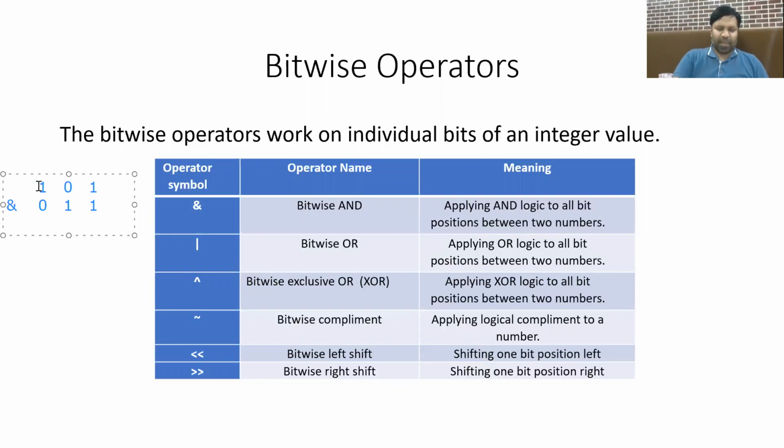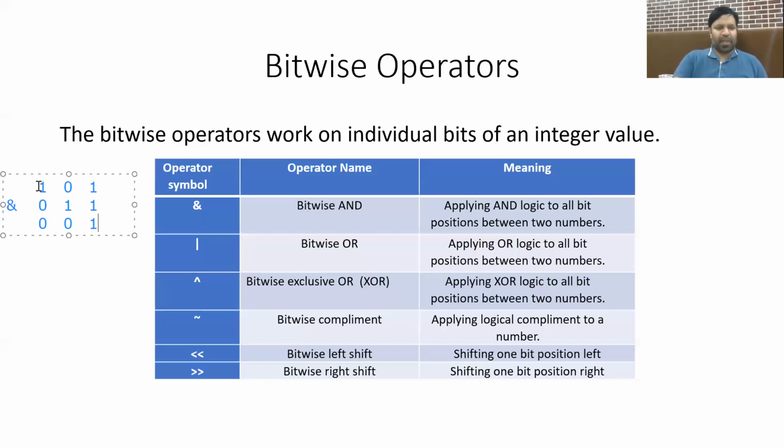Now let us apply the AND operator. 1 and 0 is 0, because the final output is 1 only when both of the expressions are 1. 0 and 1 is again 0 because they both are not 1. 1 and 1 is equal to 1. So if you apply the bitwise AND operator to 5 and 3, the final value will be 1.